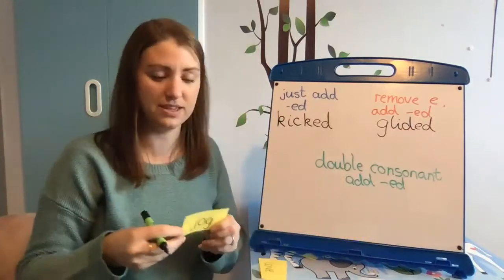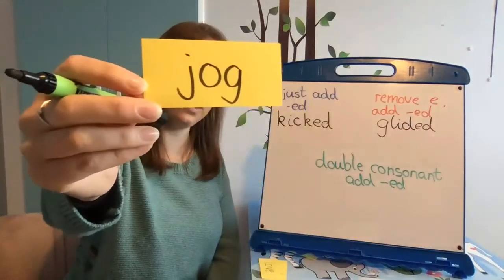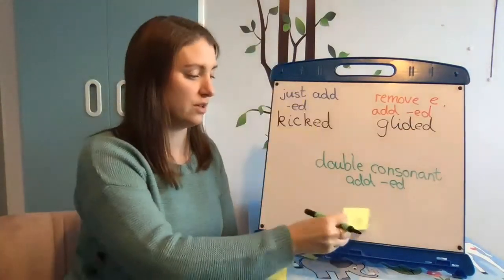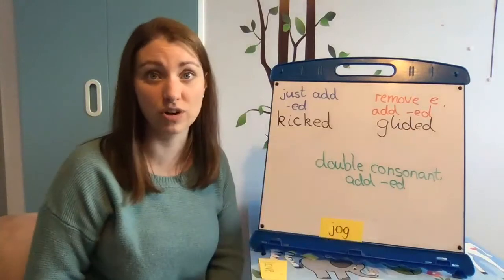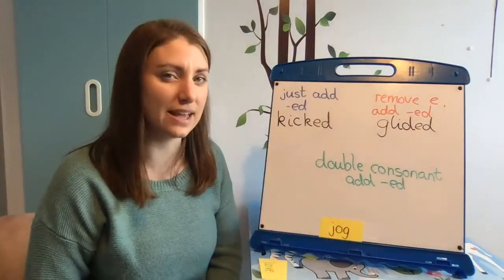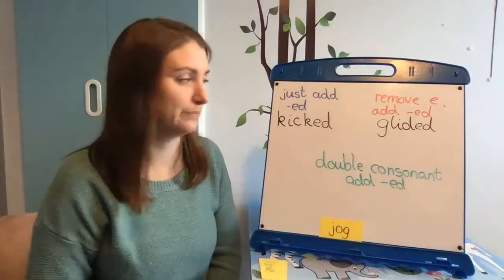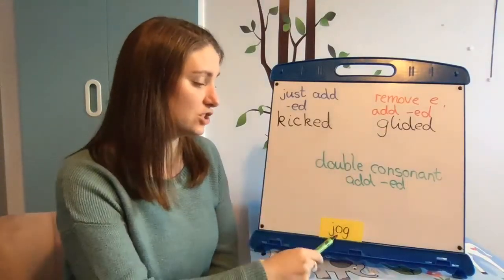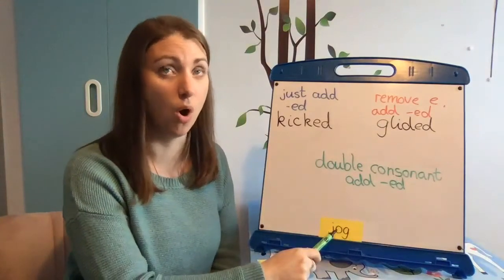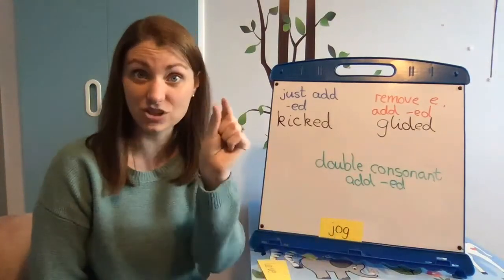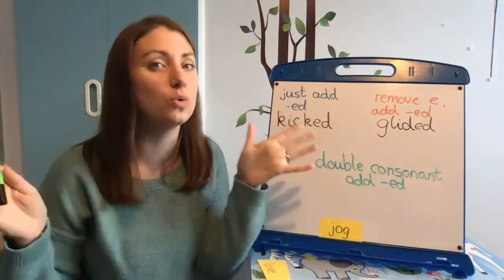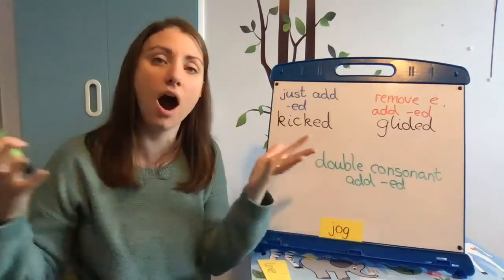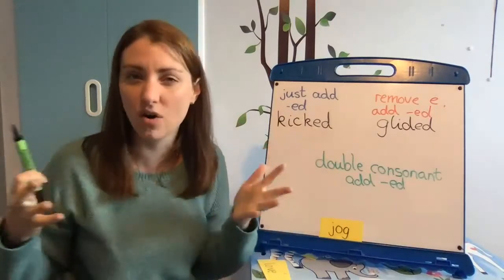Okay, what about this word? What does it say? Nice and simple. Jog. Jog. What's going to happen to jog? Does it have an E on the end? No. So it's not going to be the red one. Is it a short vowel sound? Oh. That is short, isn't it? O would be long. A, I, E. They're long vowel sounds.